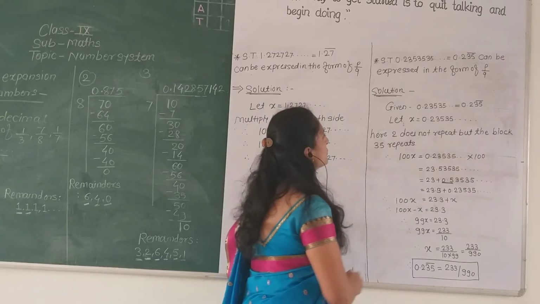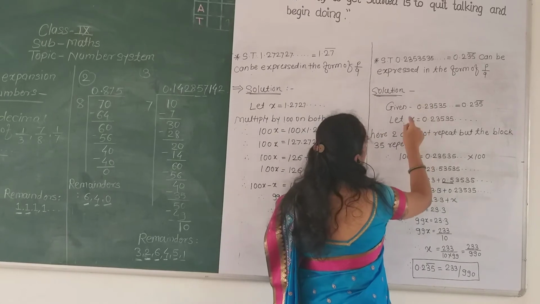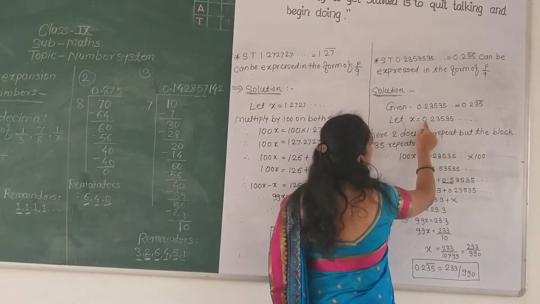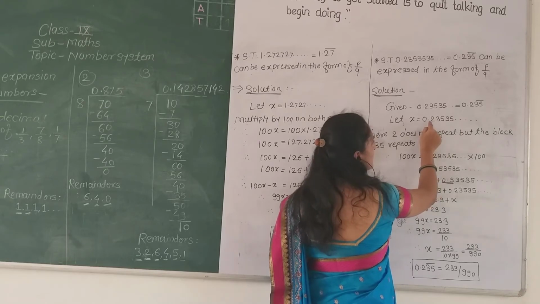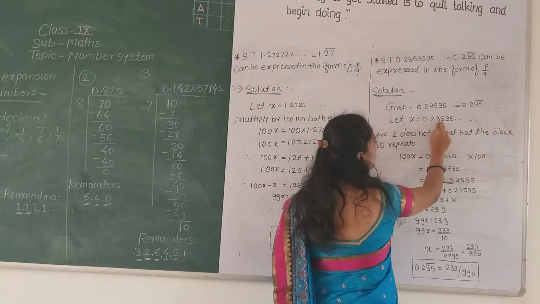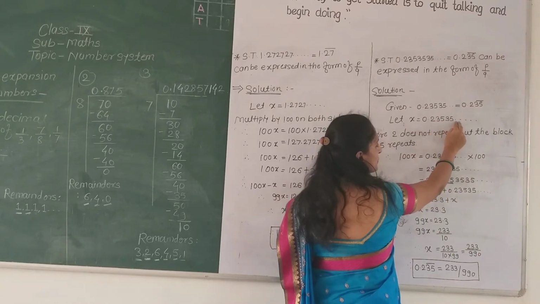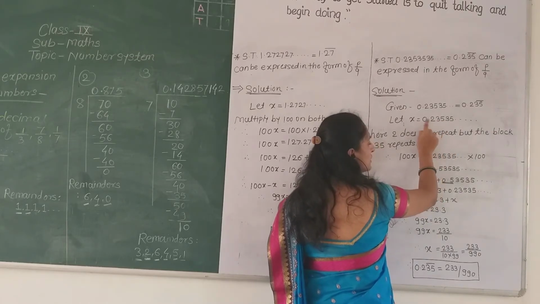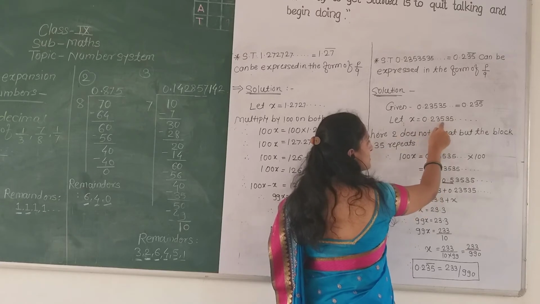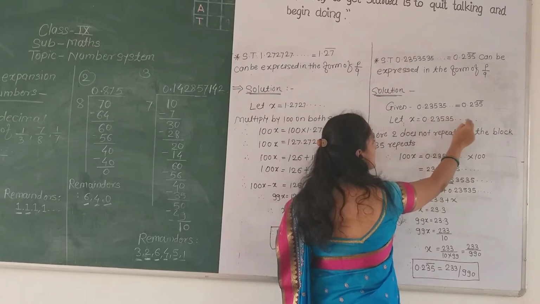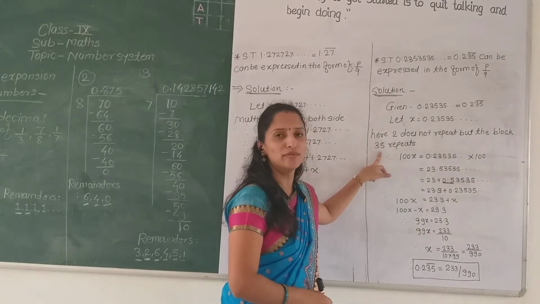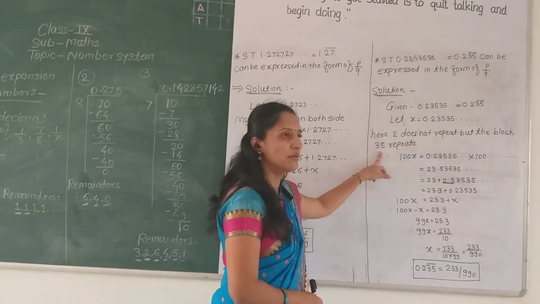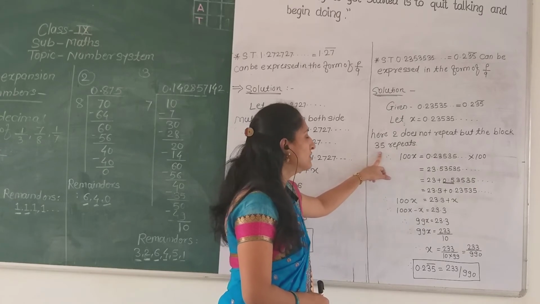So we call that number x is equal to 0.23535. But again we apply the same procedure here, since after the decimal point only 2 digits are repeated. Here 2 does not repeat, but after the decimal point only 2 digits are repeated. That's why we multiply by 100 on both sides.